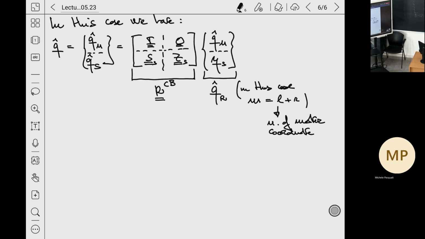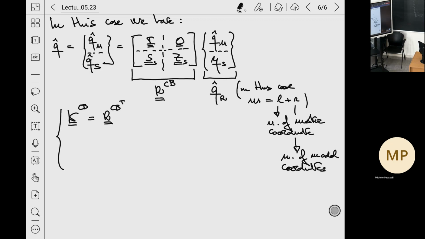And again, we have finally that our reduced matrix of Craig-Bampton is the transformation matrix of Craig-Bampton applied over the original K, transposed over R CB. And the same goes for the mass.